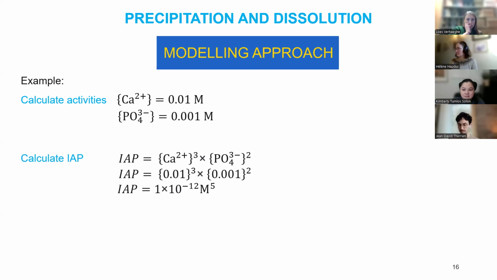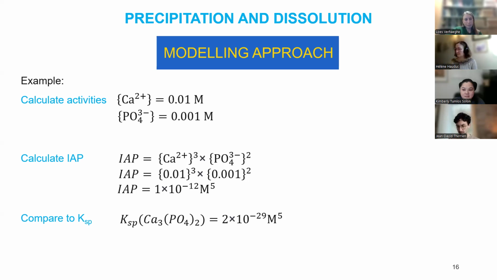And then we calculate the ion activity product. This ion activity product can be calculated at every time step, and at every time step, you can also compare it to the KSP.